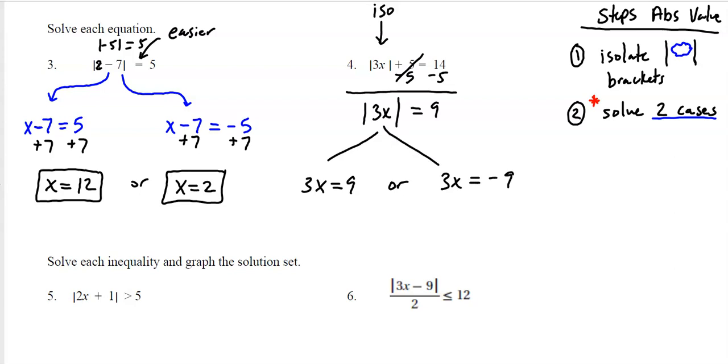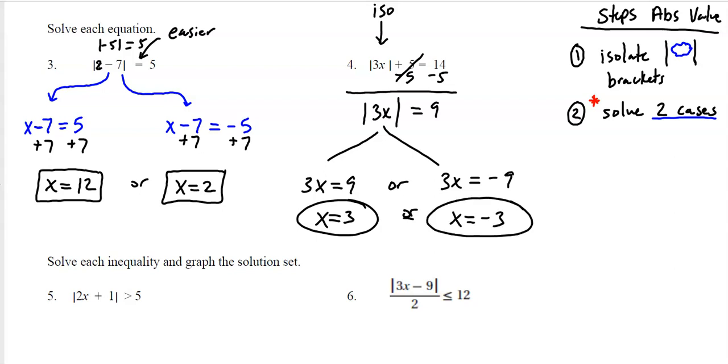And then you just solve them. So this would be x equals 3 or x equals negative 3. So when you're doing your steps for solving an absolute value equation, it's pretty straightforward. Isolate the brackets, solve for both cases, one positive, one negative.